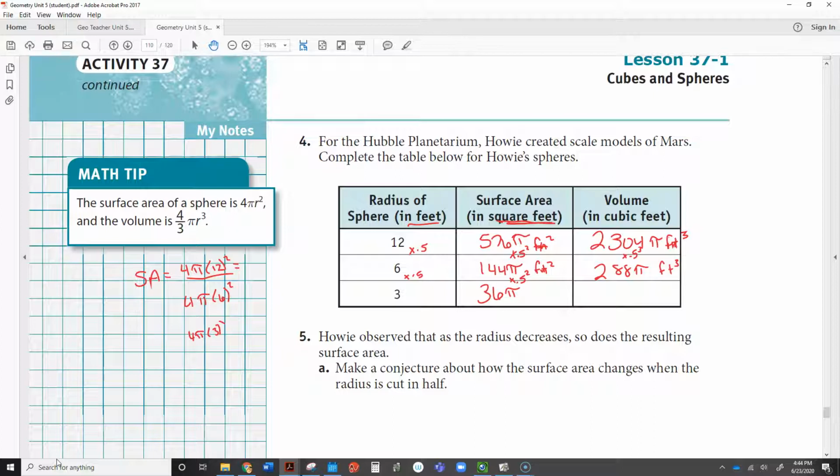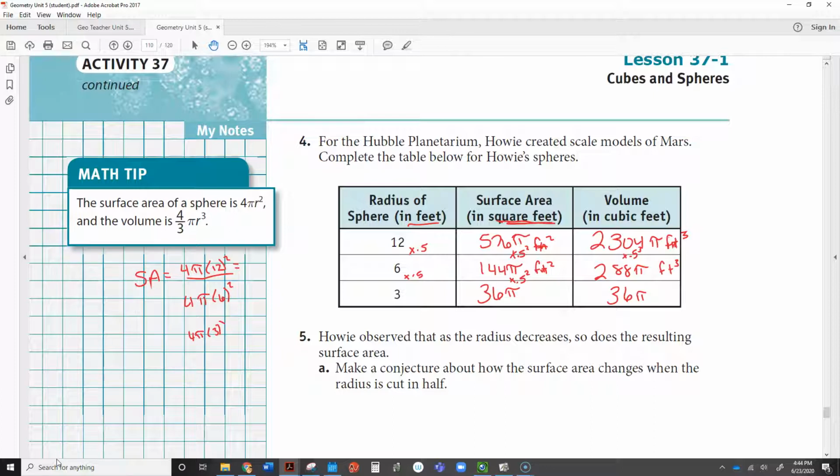So 2304 times 0.5 cubed, and you get 288 pi. And if you want to know what this number is, you take 288 pi and multiply it times 0.5 cubed, and you get 36 pi.